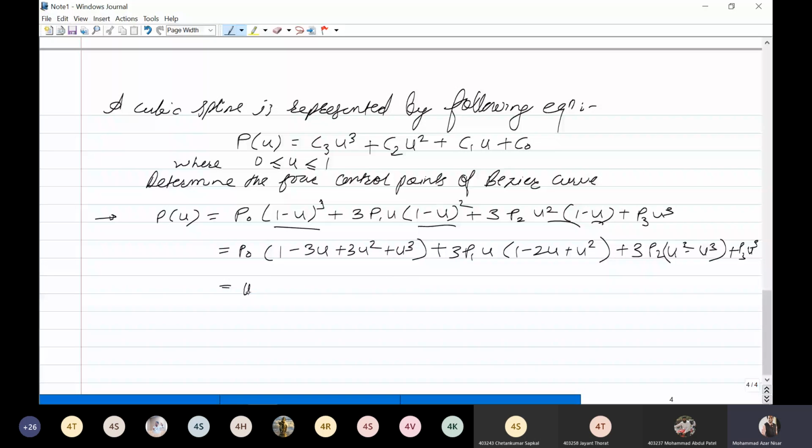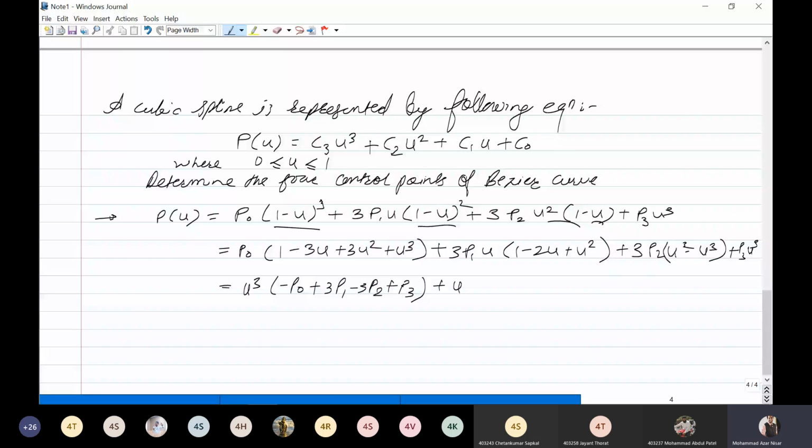For U cube, I will take common minus P0 plus 3P1 minus 3P2 plus P3. Okay, and U square.